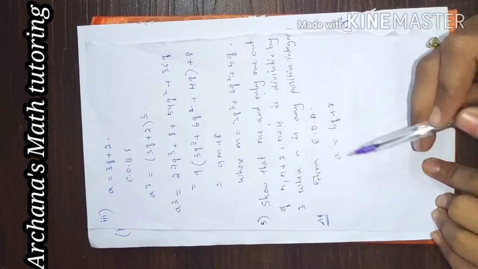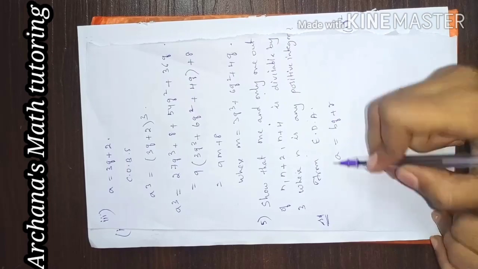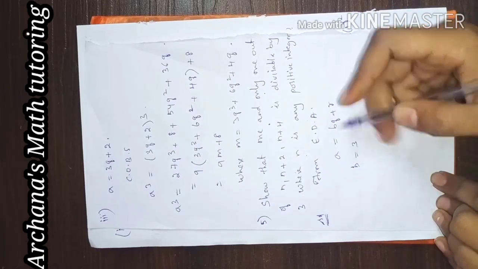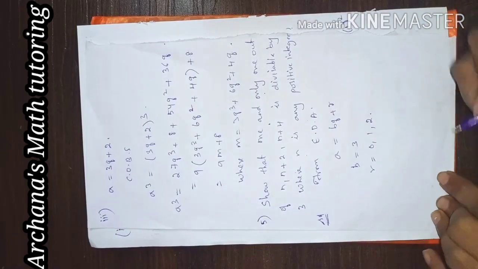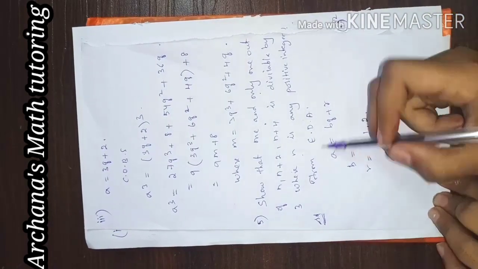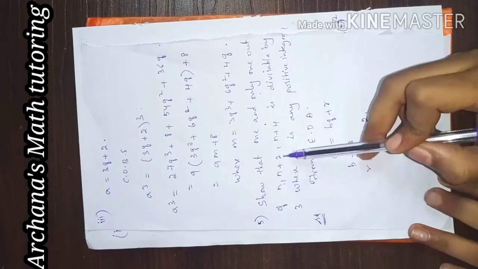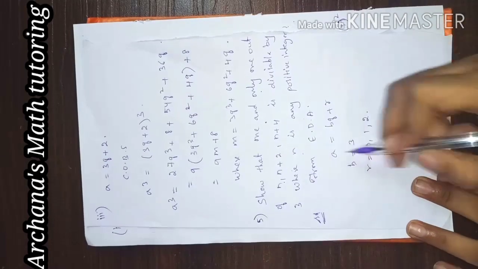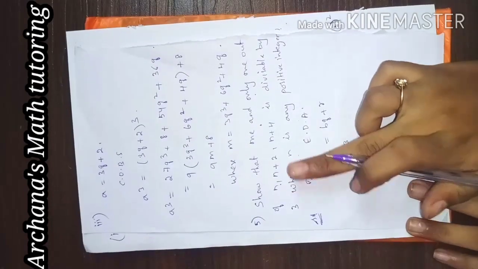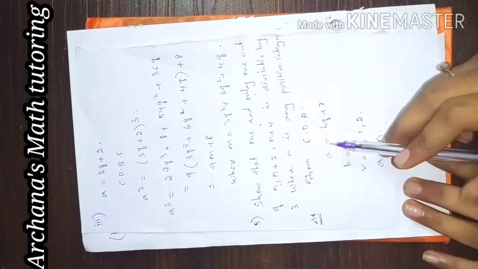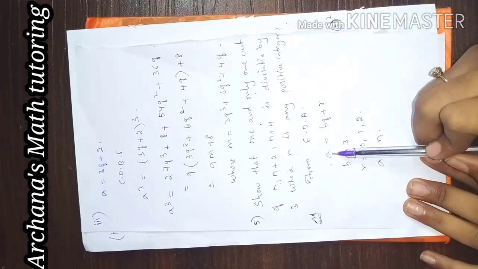So as we have to find out which is divisible by 3, we will be taking b is equal to 3. Then the remainders would be 0, 1, and 2. So now as we said, in the form of n, n plus 2 and n plus 4, we will be taking a is equal to n, because we need to find whether this a value is divisible by 3 or not.